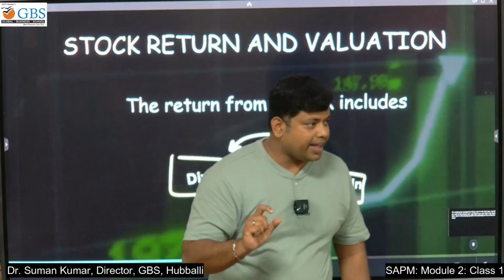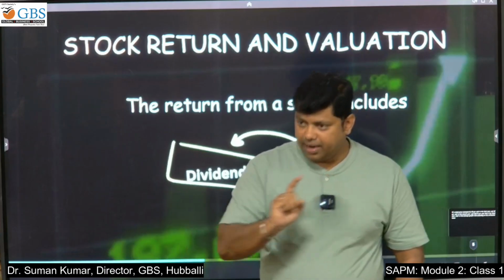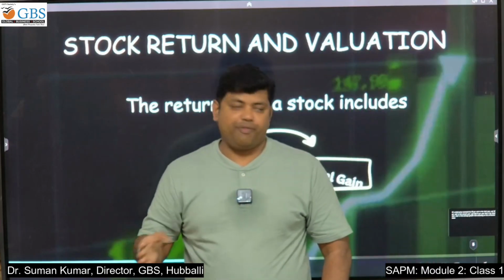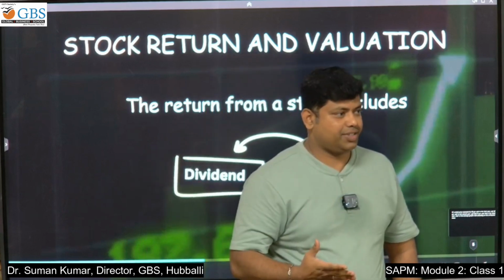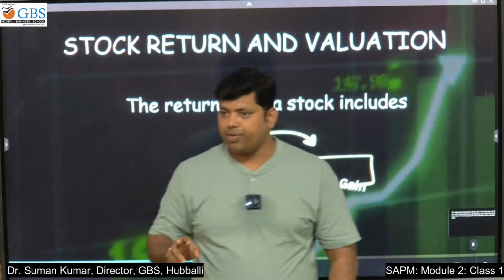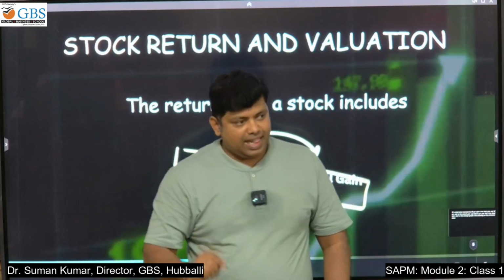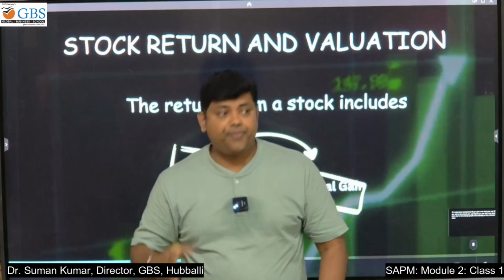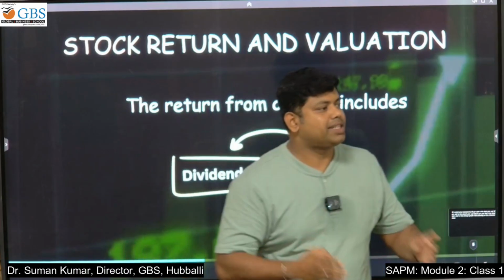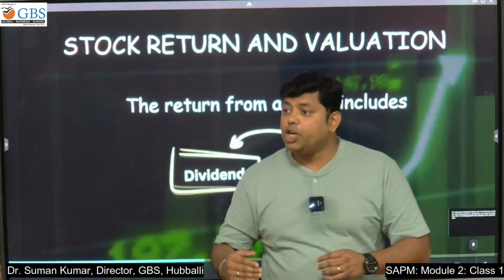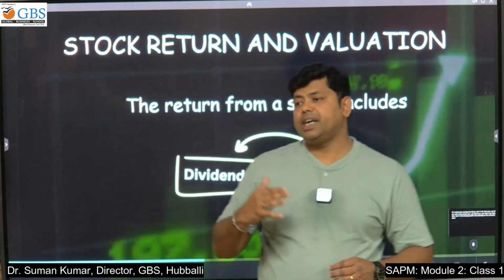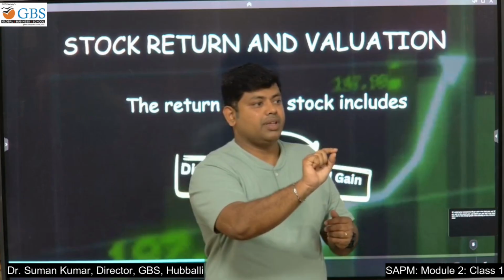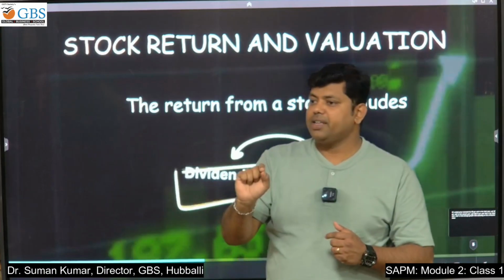If you buy one share, you will be getting the profits in terms of dividends. So there are two incomes for you. You will get a dividend every year if the company makes a profit and also decides to give dividends to the investors. That is one form of income.